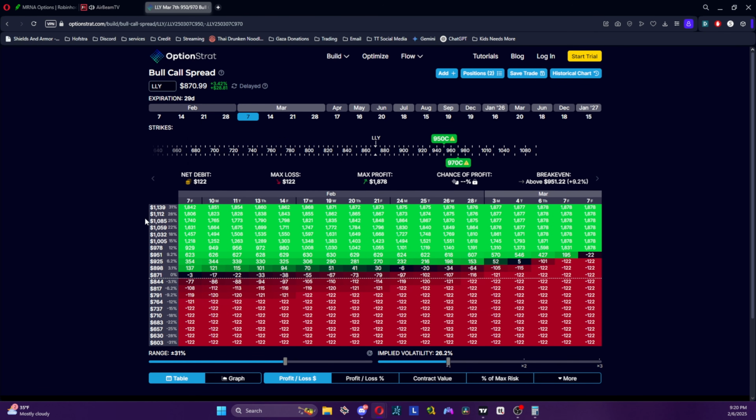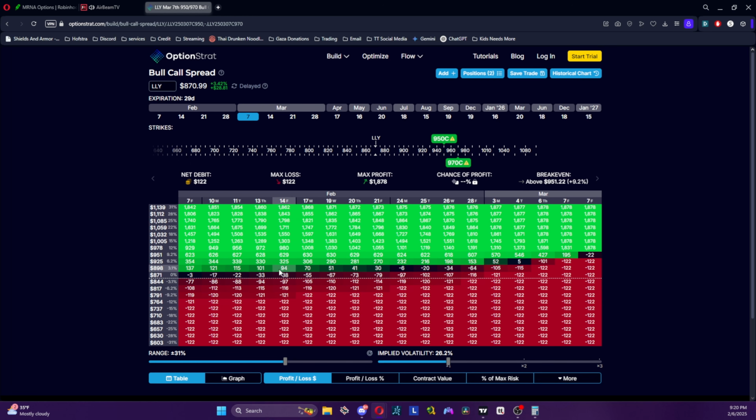Again, it's because near the end of the day, all the option contract prices go whack. You could see here that if Eli Lilly were to come up to, for example, 950 by, let's say, February 14th, we're already going to be up $629 on the spread.